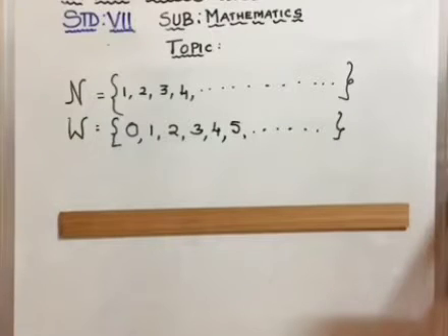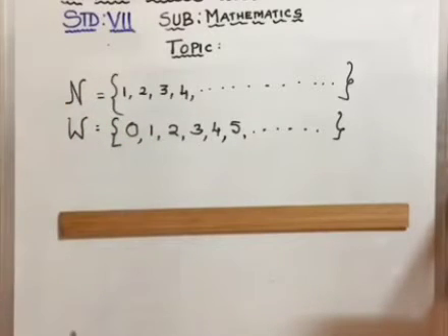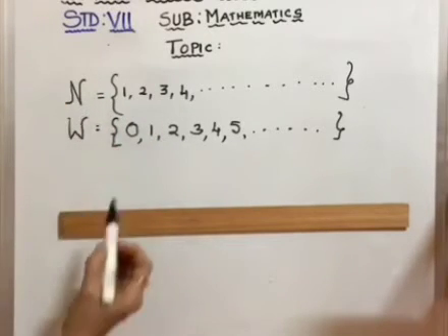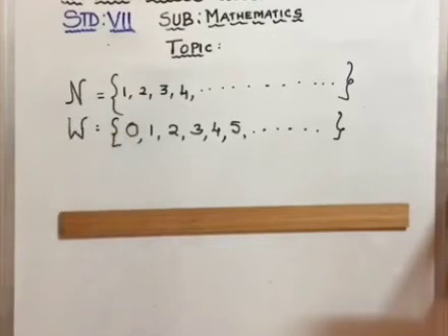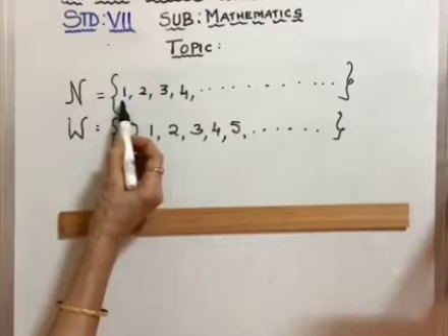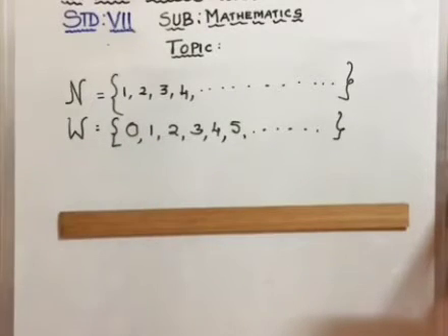That is, the set of whole numbers also contains the set of natural numbers. The only difference is 0 does not belong to natural numbers. So, the smallest natural number is 1 and the smallest whole number is 0.